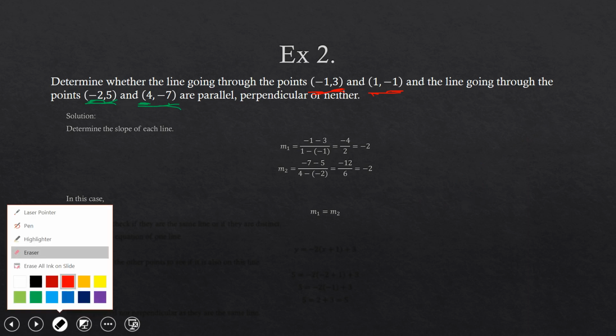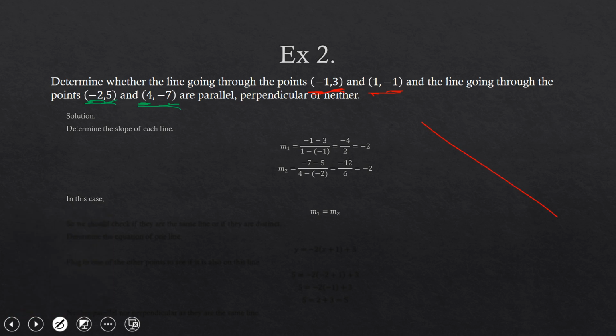So here's our line. And so this could be -1, 3, and this could be 1, -1, and maybe 4, -7 is down here on the same line. So we should determine, is 4, -7 on the same line, or is it on its own line?